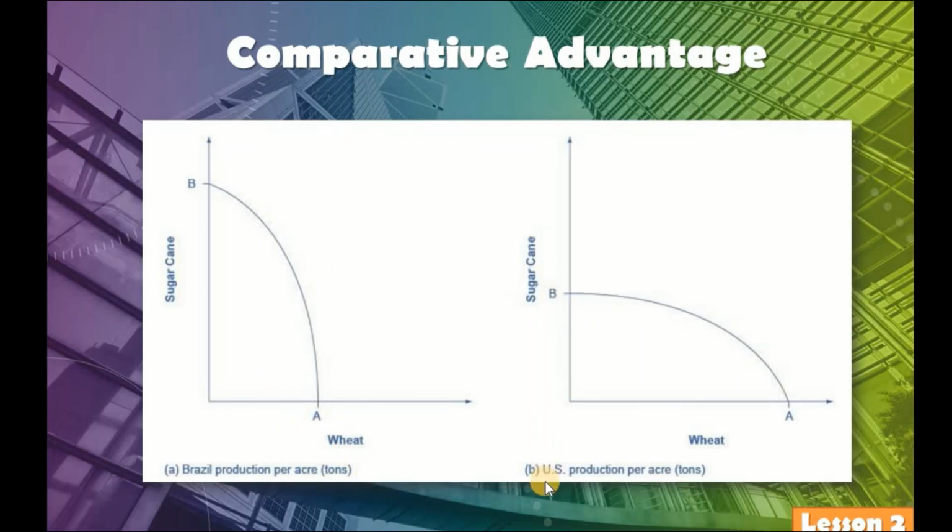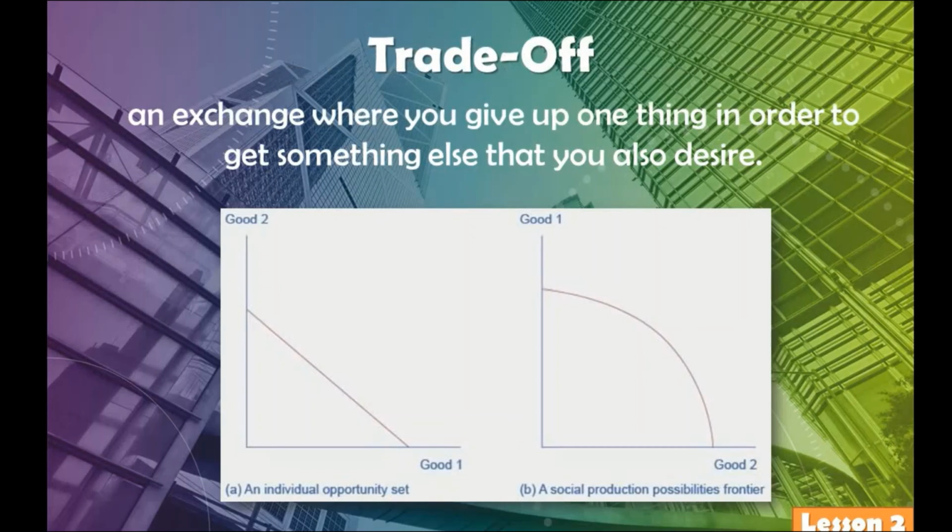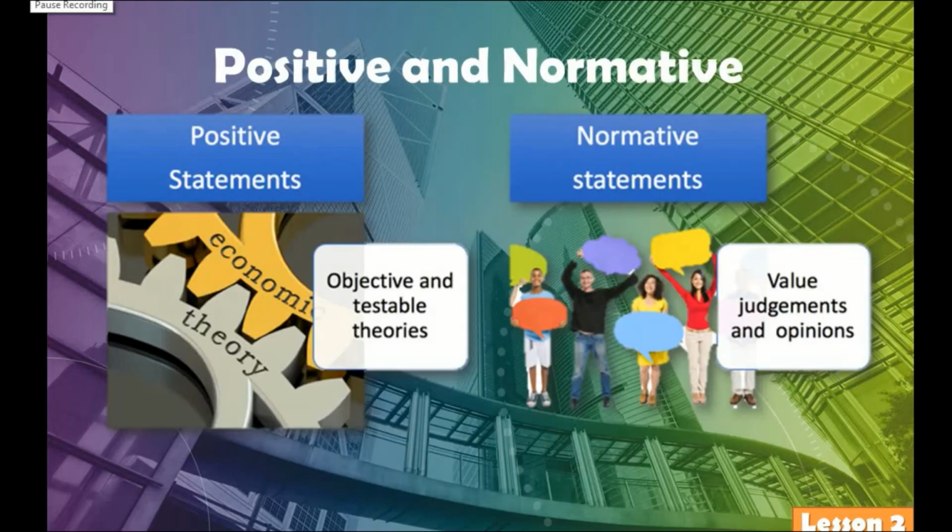Same thing with the US. Ang comparative advantage naman niya is wealth. So, para po mapunan yung pangangailangan ng bansa when it comes to sugar cane, makikipag-trade off ako kay Brazil. Yun po yung tinatawag natin na trade off. It is an exchange where you give up one thing in order to get something else that you are also desiring.